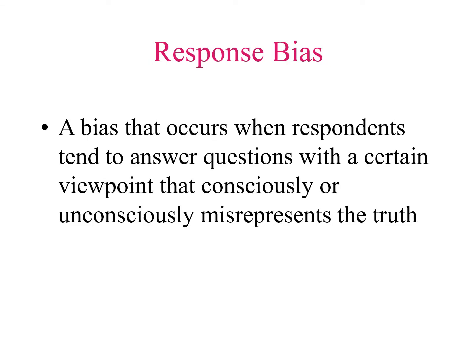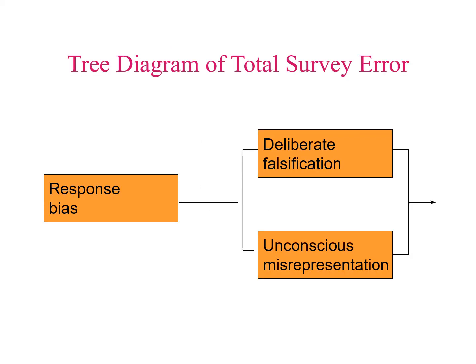Response bias is a bias that occurs when respondents tend to answer questions with a certain viewpoint that consciously or unconsciously misrepresents the truth. Looking at the tree diagram of total survey error once again, response bias has two types: deliberate falsification and unconscious misrepresentation. Sometimes respondents deliberately falsify and hide the truth, and sometimes they unconsciously misrepresent.